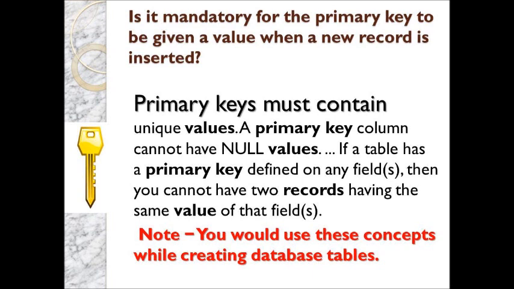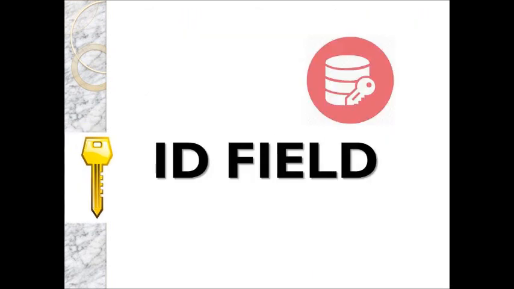A primary key column cannot have null values. It means that each and every record will have a different value. You cannot have the same value in a column that is considered to be a primary key.